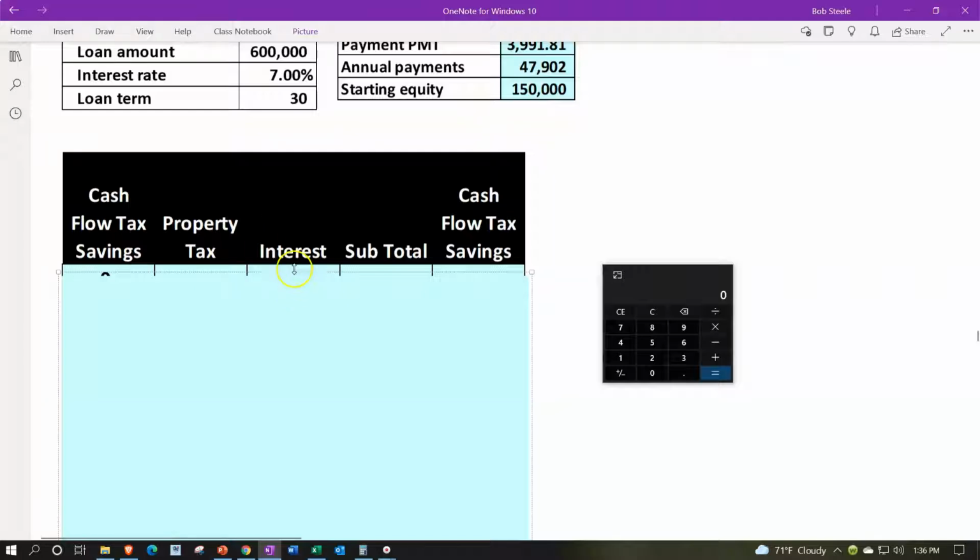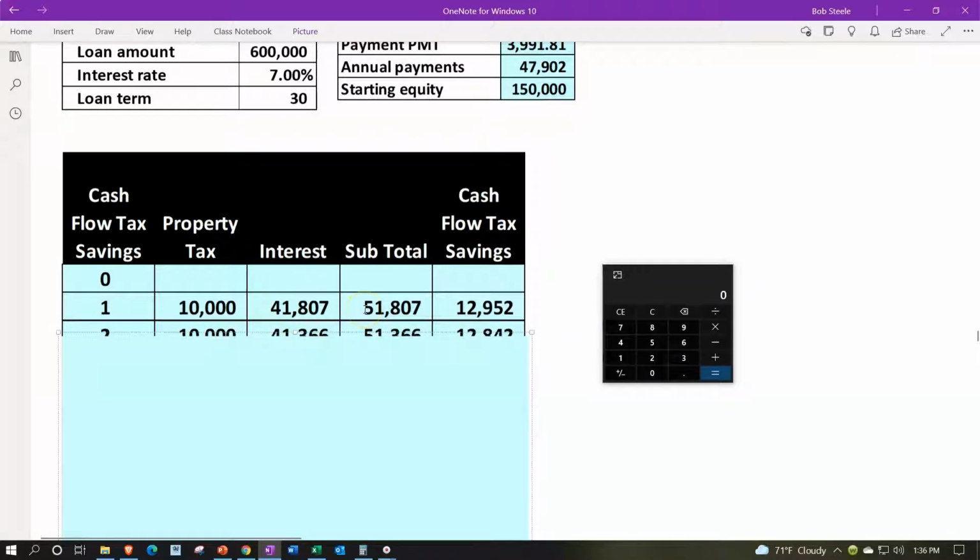But just because, for example, in this first year, you had 51,807 that you can itemize, that would be great. But the gap between the amount of standard deduction and itemized deduction is one where you're not really getting the benefit for that gap.